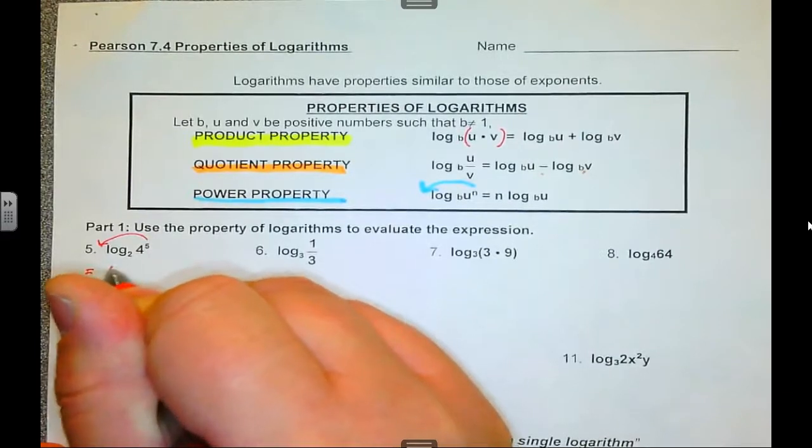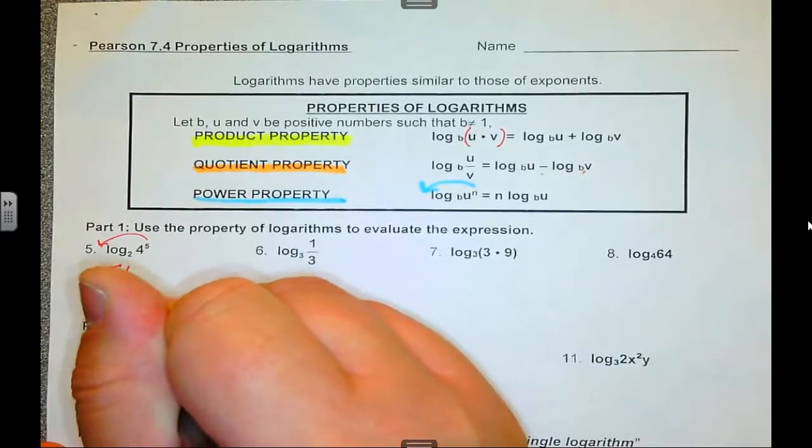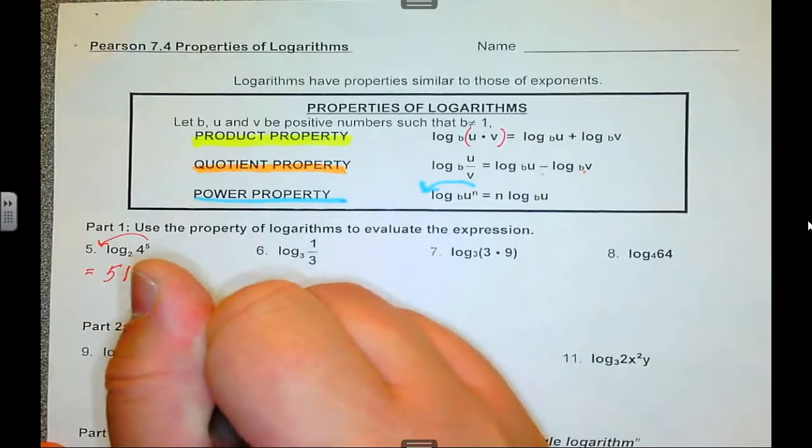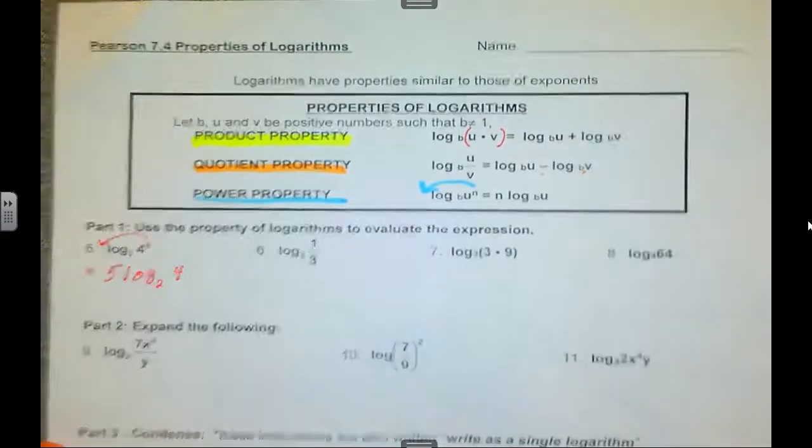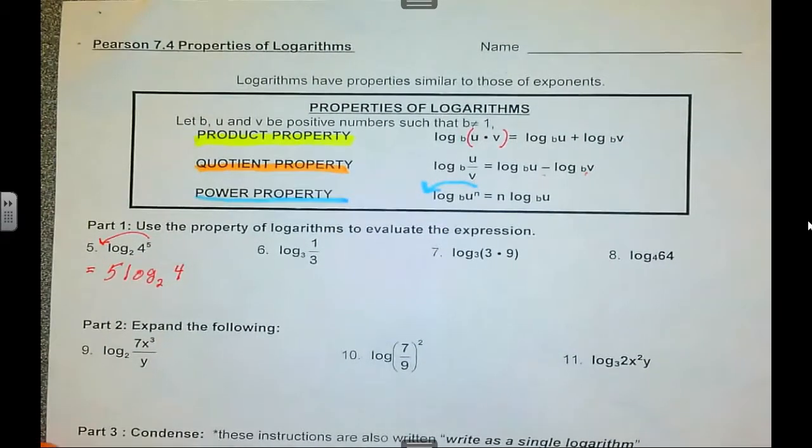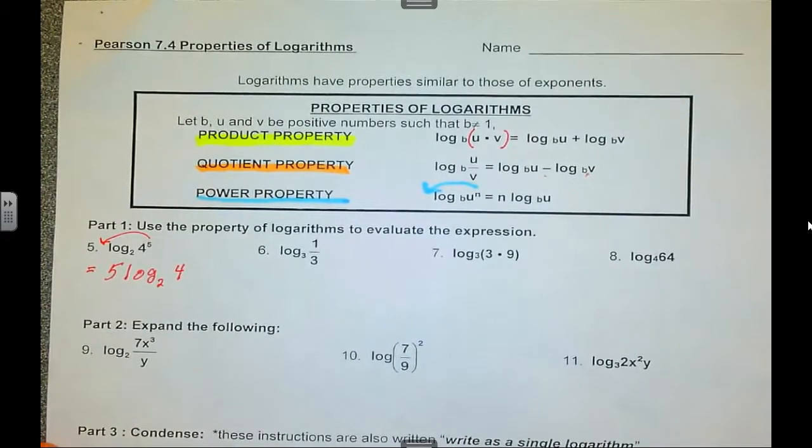So I have 5 log base 2 of 4. I could actually go a little farther, can't I? It would be nice if I had a log base 2 button, but I don't.